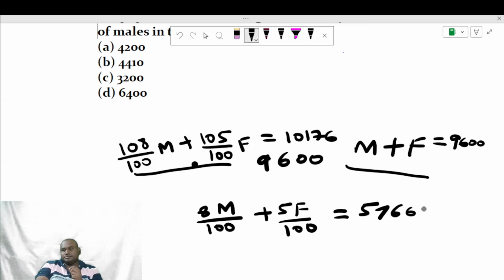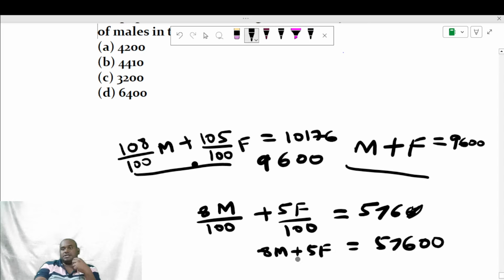Now I'll take this 100 to the other side, and then 8m plus 5f is equal to 576. We know another equation, m plus f is equal to 9,600.